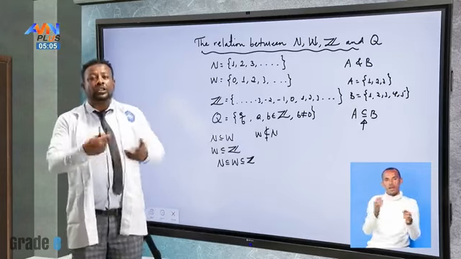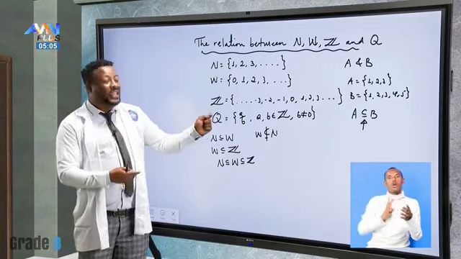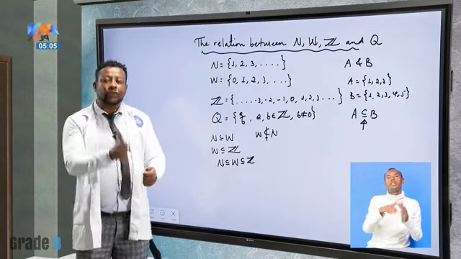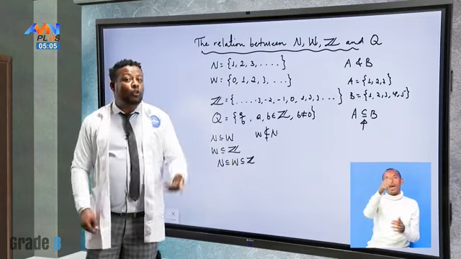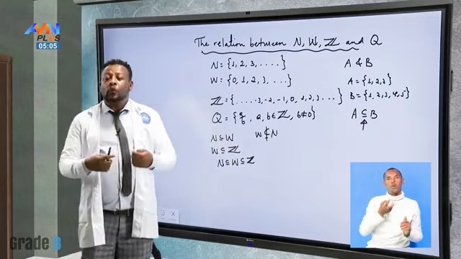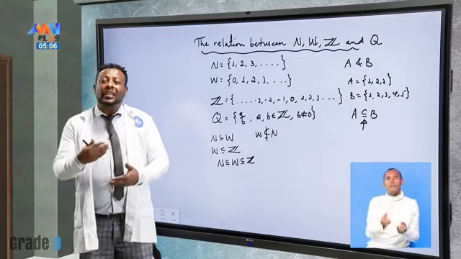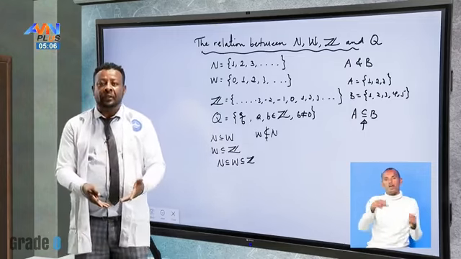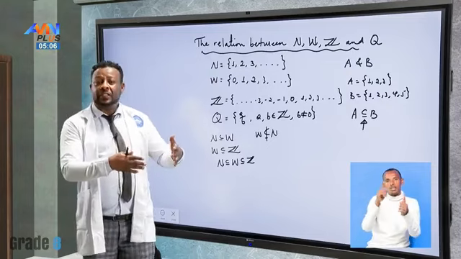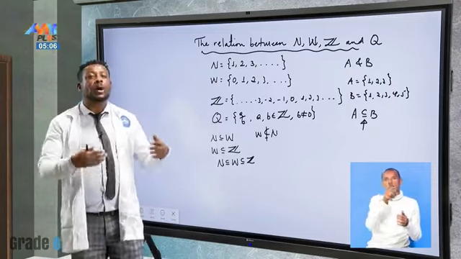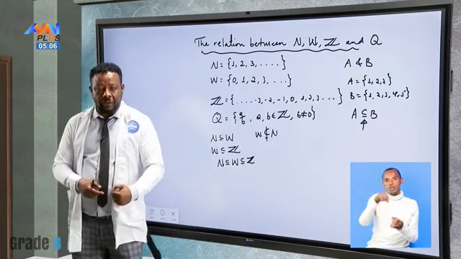That's why we usually represent the set of rational numbers in the form A over B, right? For example, between 0 and 1, you can find infinitely many rational numbers, right? So it's impossible to list out the first few terms because there is no clear pattern for the set of rational numbers. All right.